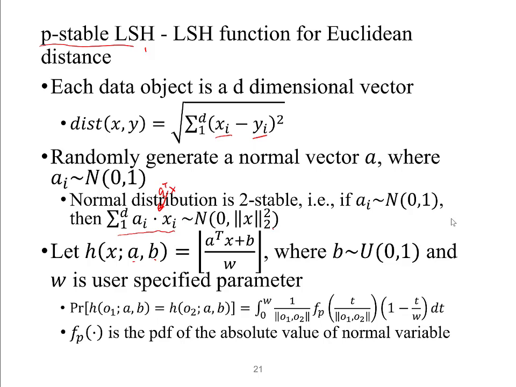So let's see, if we compute the probability of O1 and O2 having the same hash value, then here is the formula.